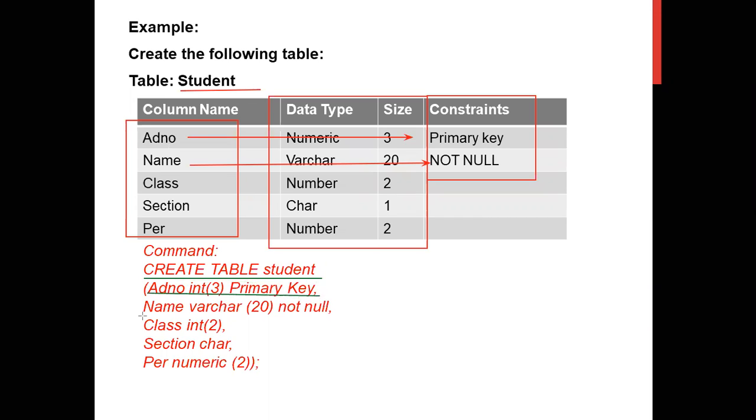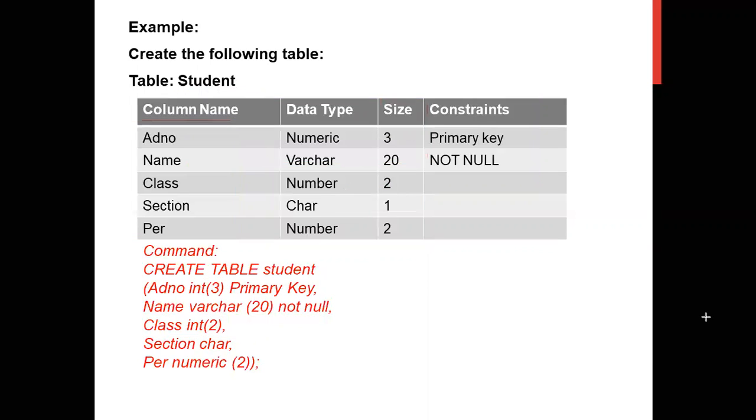Then the second column is name, varchar(20), and the constraint is not null. The next is class, int(2), because the size is given for the integer. Then section, character, only one character. Then percentage, which is required. This is how we create the table.